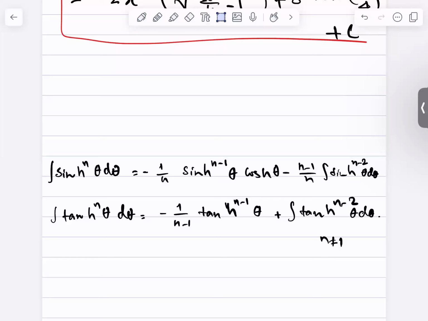The idea will be using the same sort of tricks as we have used in normal trig functions, or normal substitution, trigonometric substitution, or reduction formula exercises. But just that here you have hyperbolic functions instead of those trigonometric functions. Yeah, so that's it. Thank you.